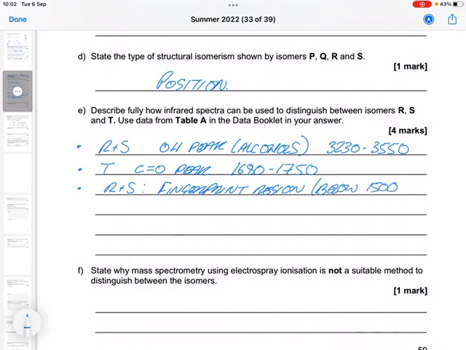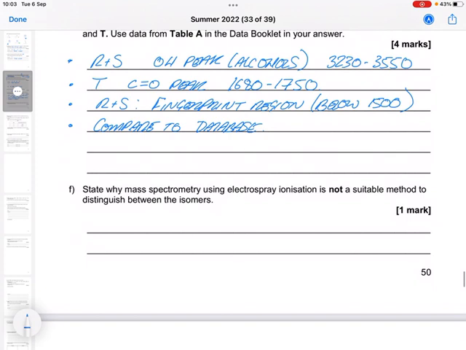Okay. State why mass spectrometry using electrospray ionisation is not a suitable method to distinguish between these isomers. Remember, electrospray ionisation doesn't fragment the molecule, so you're going to get no fragments here. You're just going to get Mr plus 1, so MH+.